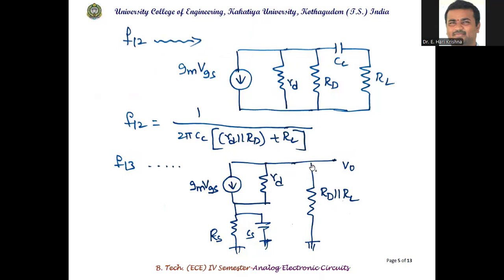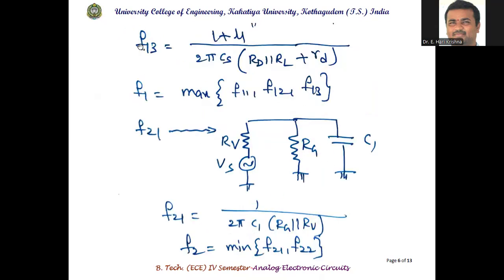So rd in series with (RD parallel RL) multiplied by CS. The combination of RS will be neglected. So this is F13. As usual, the three high pass filters are F11, F12, F13. So F1 will be the max of F11, F12, F13.